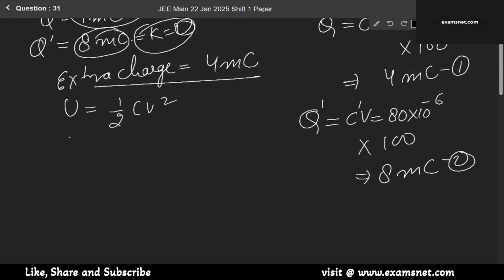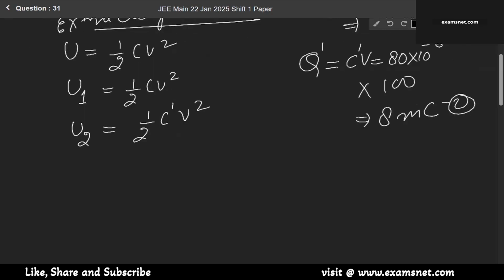Let us say at the initial stage U1 equals half CV square, and after the insertion of the dielectric material it is half C dash V square. So the change in the electrostatic energy, delta U, will be equal to U2 minus U1, or we can say half into C dash minus C into V square.